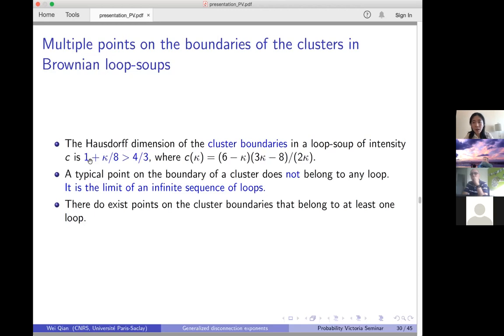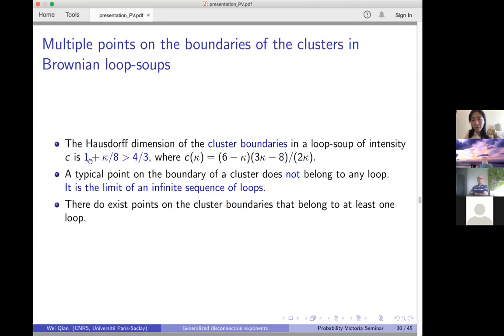But we also know that there do exist points on the cluster boundaries that belong to at least one loop, because of the decomposition results that I mentioned earlier: you do have these blue loops that touch the cluster boundaries. So this is a difference from the Brownian motion case, because if you look at the outer boundary of a Brownian motion, then every point on this outer boundary is actually visited by the Brownian motion.